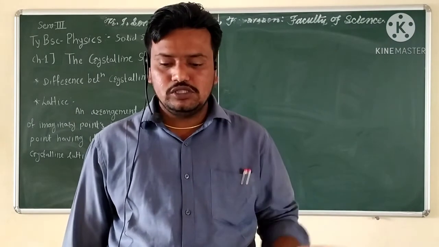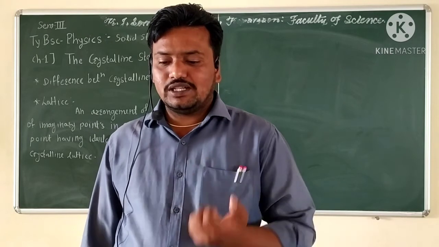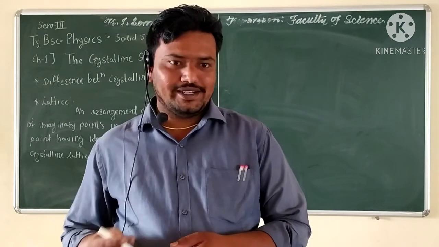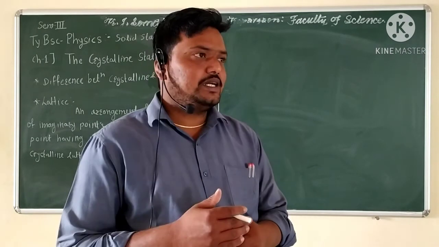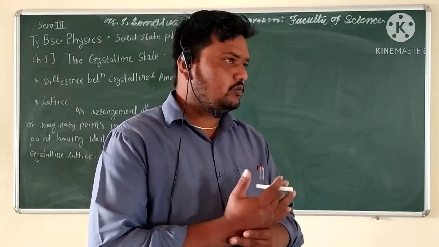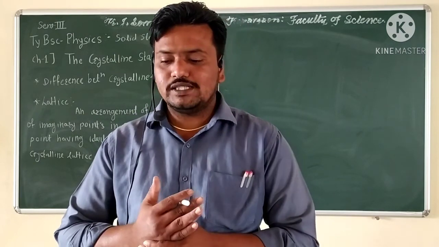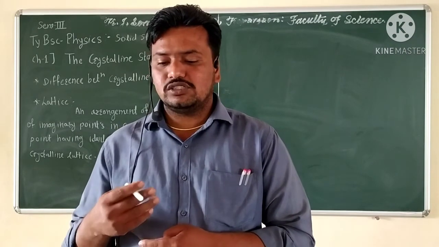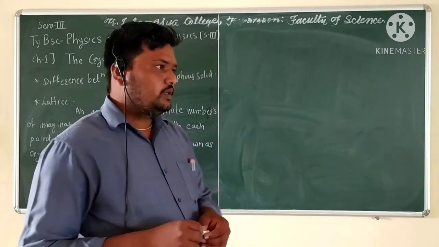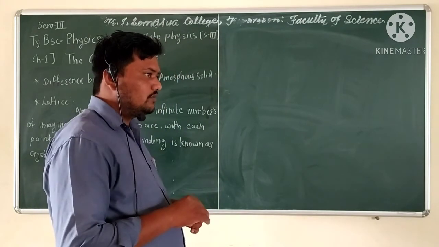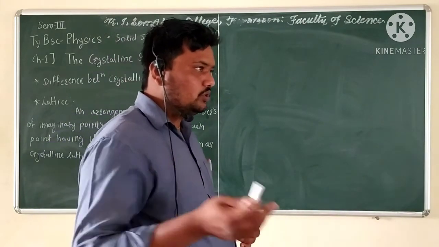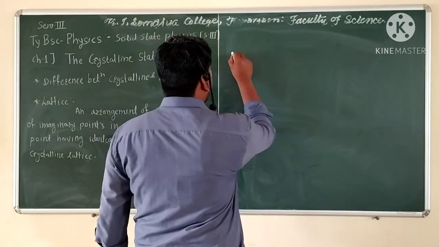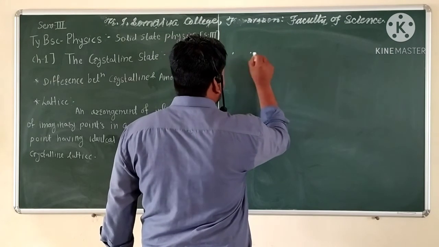To describe the solid, we have to draw the crystal lattice figure here, showing the definite, regular, periodic arrangement of points, where any point is completely equivalent to the other points in the structure. So we draw here the diagram of the crystal lattice, the regular arrangement of the points.